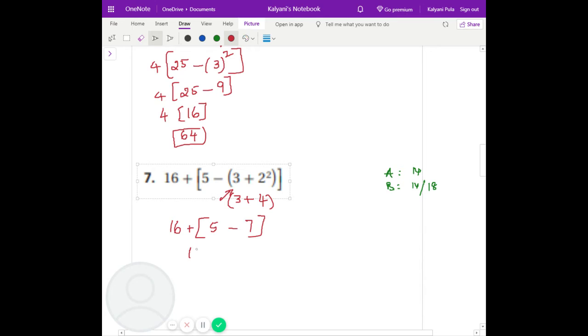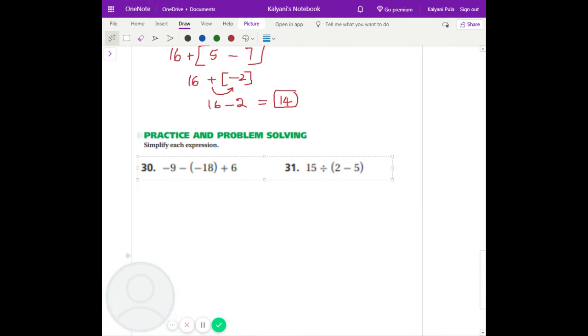Okay. So 16 plus 5 take away 7, that's negative 2. We have a parenthesis and a symbol, that means multiplication. So it's a positive times negative. That's negative. So 16 minus 2, that's a positive 14. Okay? All right, let's try these two questions.